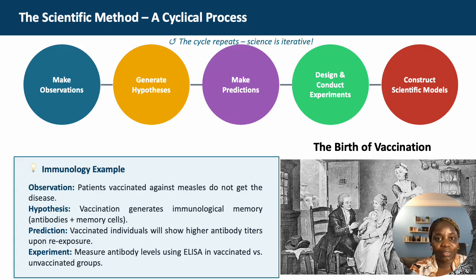So it was just observation, generating hypotheses, making predictions, and conducting experiments to prove whether the hypothesis was true or false. This is why I tell you the scientific method is more powerful than any individual piece of equipment in the lab.